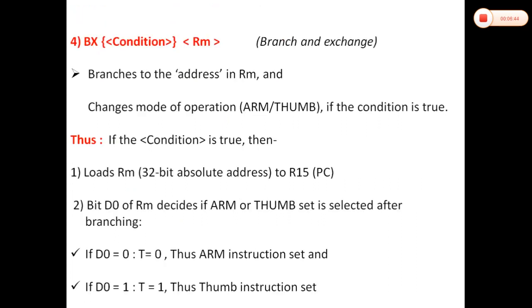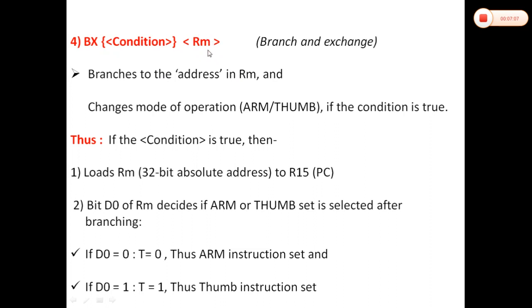Okay, one more instruction under branching type is branch with exchange followed by condition and a register, say RM. This instruction is again a branch instruction. It transfers the execution to the specified address when this condition is true.